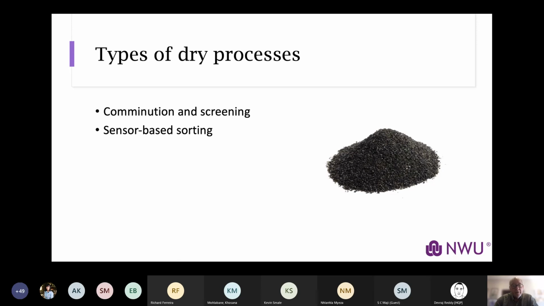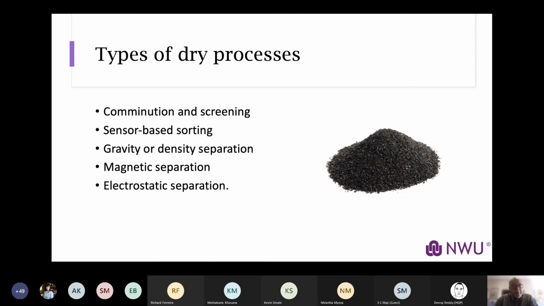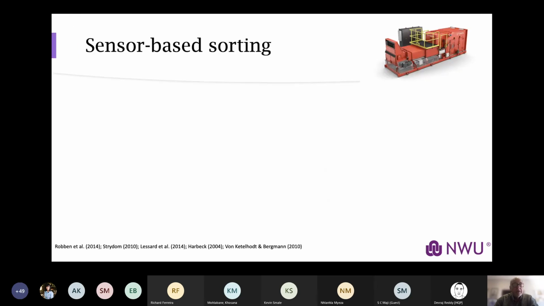Sensor-based sorting has been well developed, and we've had a lot of presentations even at this venue or these events about X-ray sorters, and they seem to be working very well, and they seem to be in their niche. That technology is well developed and well presented. Then gravity and density separation, which is a little bit of a problem, and we'll come to why. And then finally, magnetic separation and electrostatic separation, which is really at the research level mostly. Right, so these are the 5 types, and we'll look at each of these in turn.